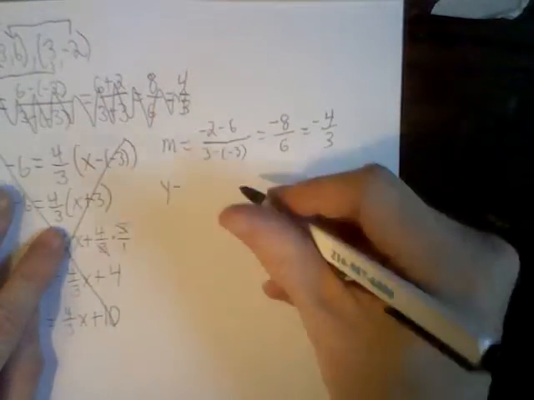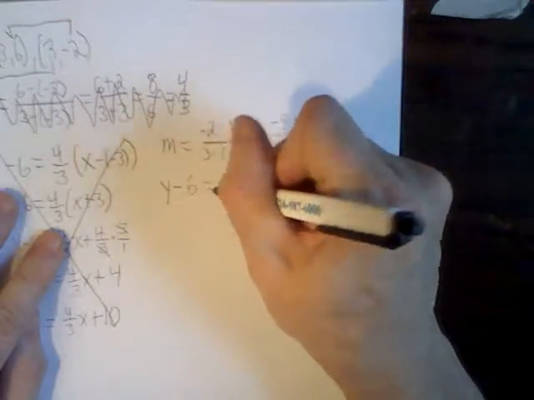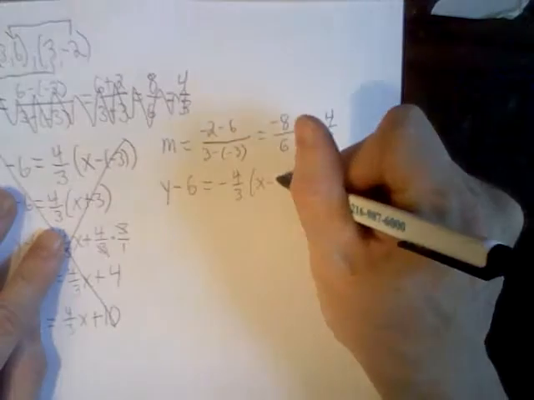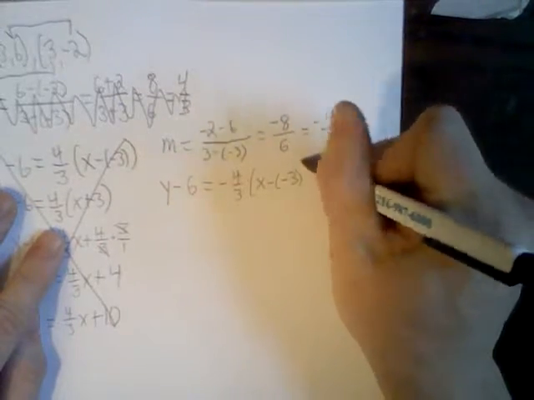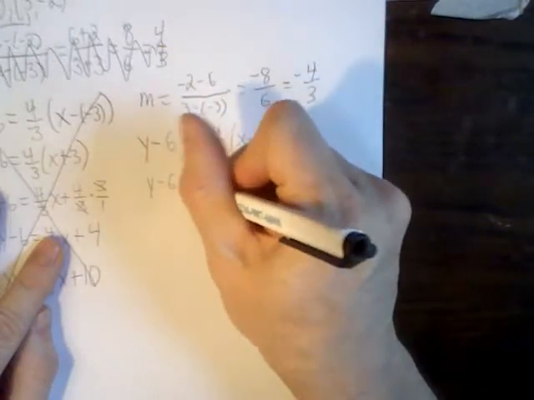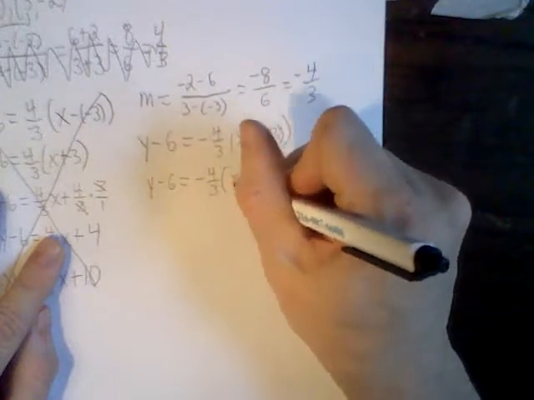So we have y minus y1, which is 6, equals negative 4/3 times x minus negative 3. So we'll have y minus 6 equals negative 4/3 times x plus 3. Okay.